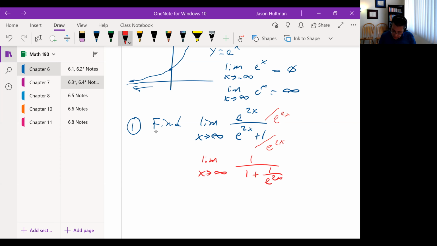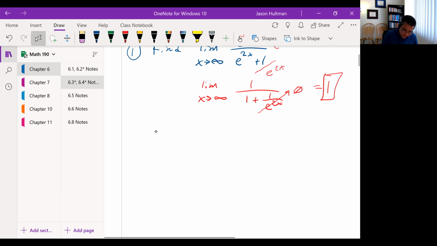This term is going to go to 0, because it's basically 1 over infinity. If e to the x goes to infinity, then e to the 2x goes to infinity, and 1 over infinity is 0. So this limit is just equal to 1.